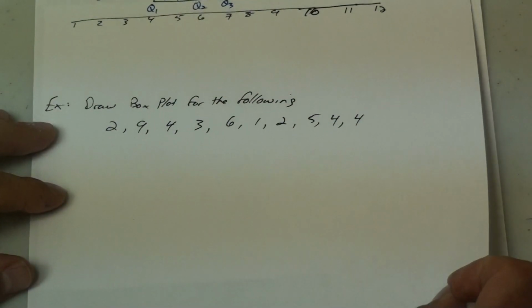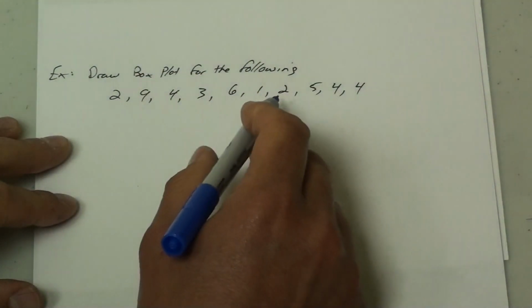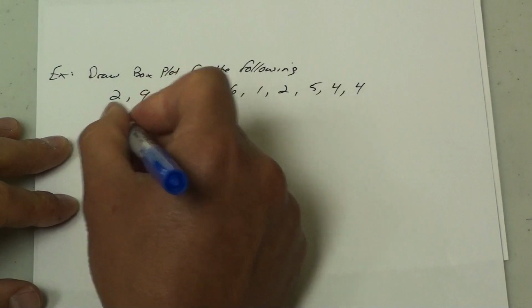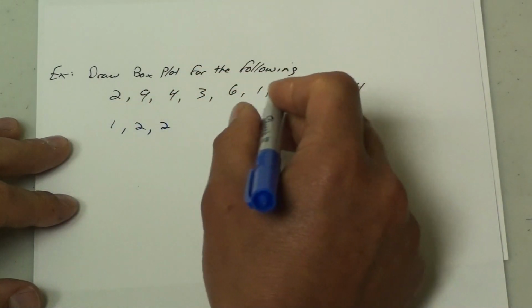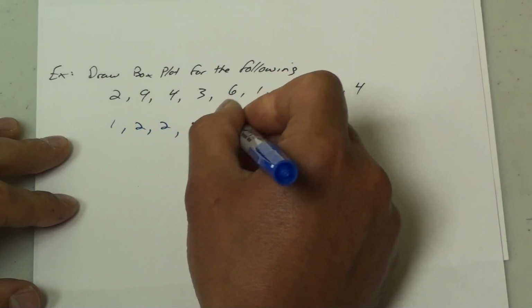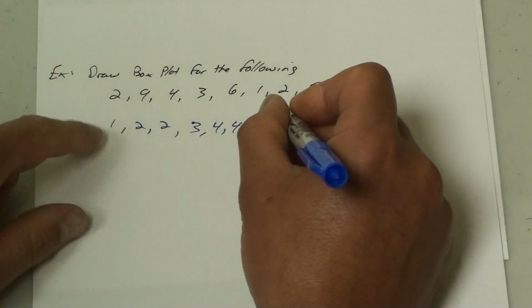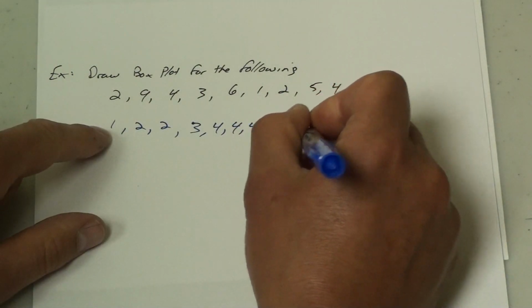Okay, so I want to draw a box and whisker plot for the following data. Let's organize it first from lowest to highest: 1, 2, 2, 3, three 4s, a 5, a 6, and a 9.